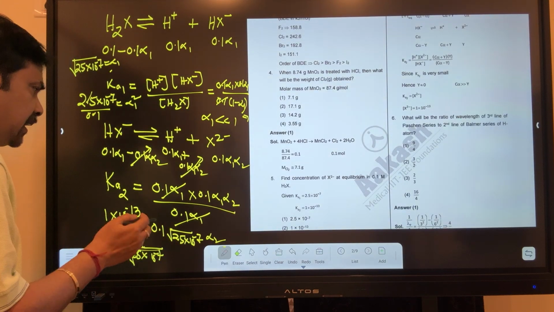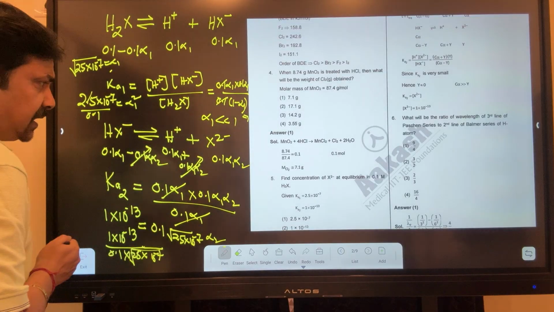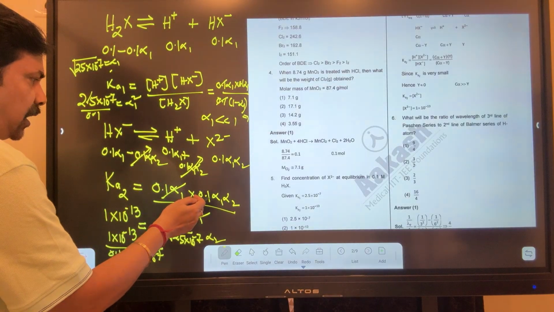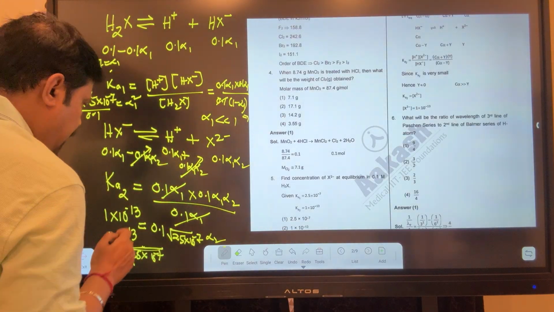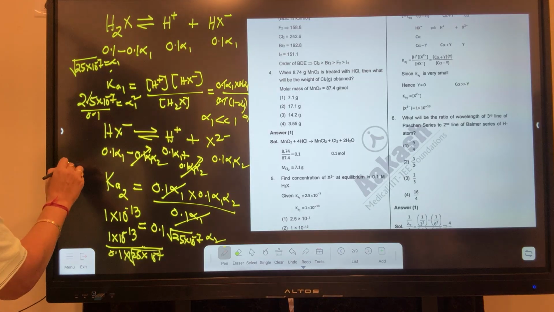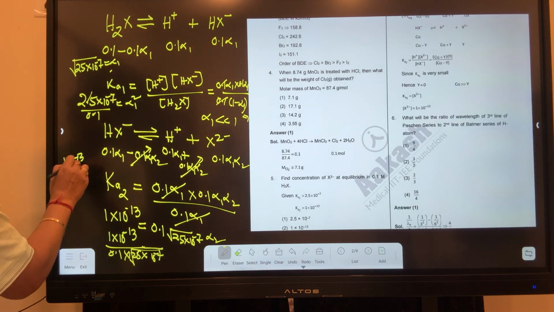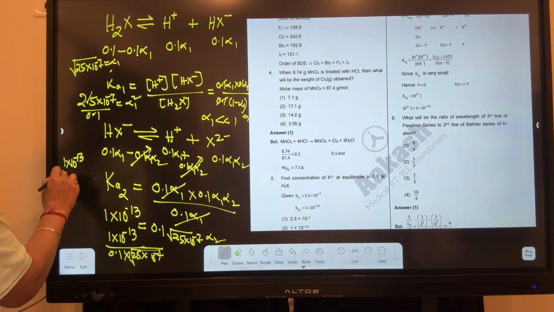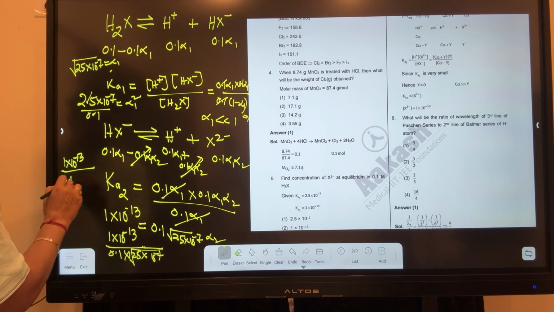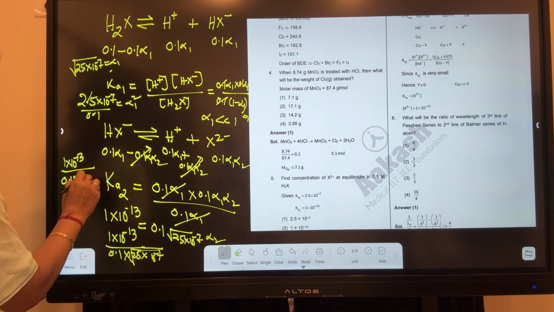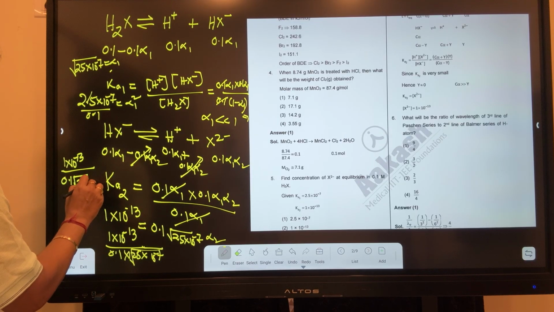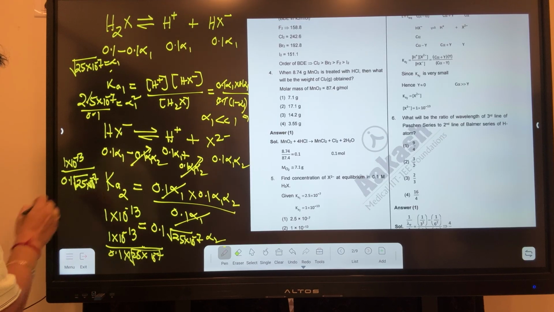Now your x2 concentration is nothing but 0.1 alpha 1 alpha 2. So then immediately 1 into 10 power of minus 13 by 0.1 alpha 1 is under root of 25 into 10 power of minus 7. This is your alpha 2.